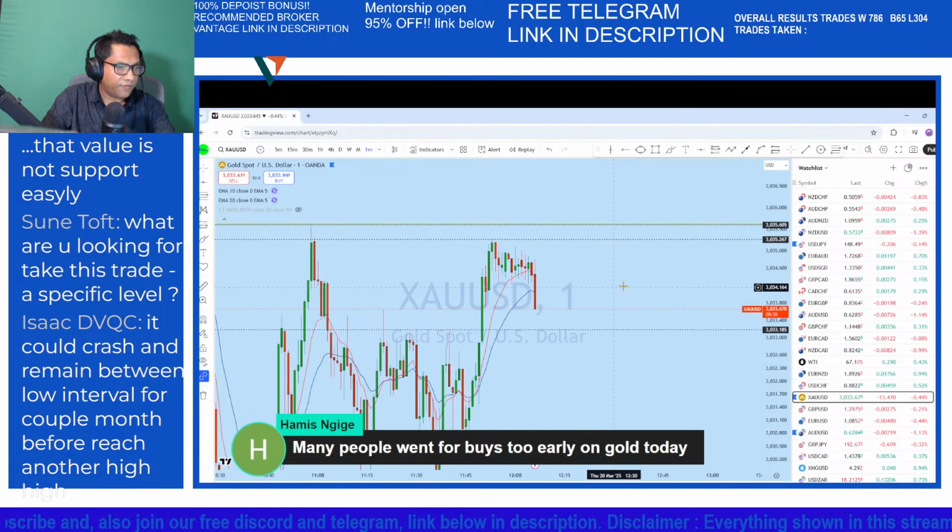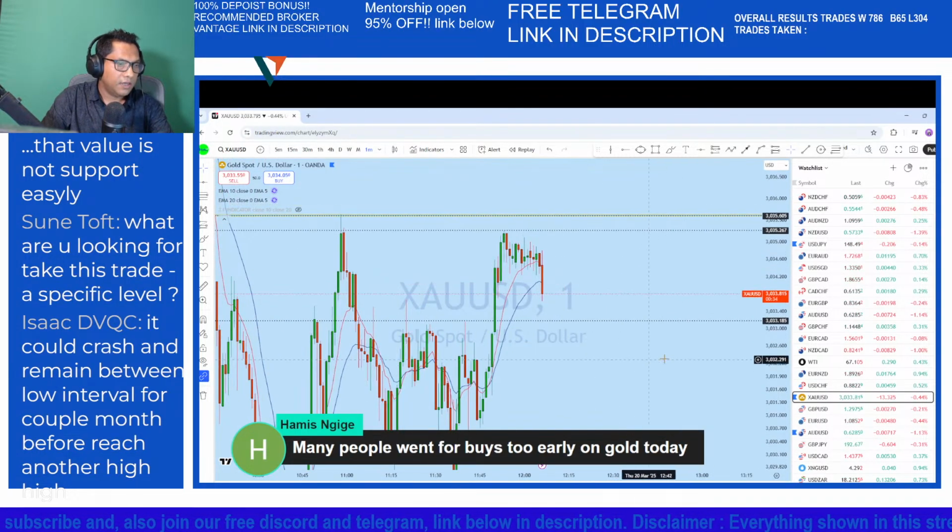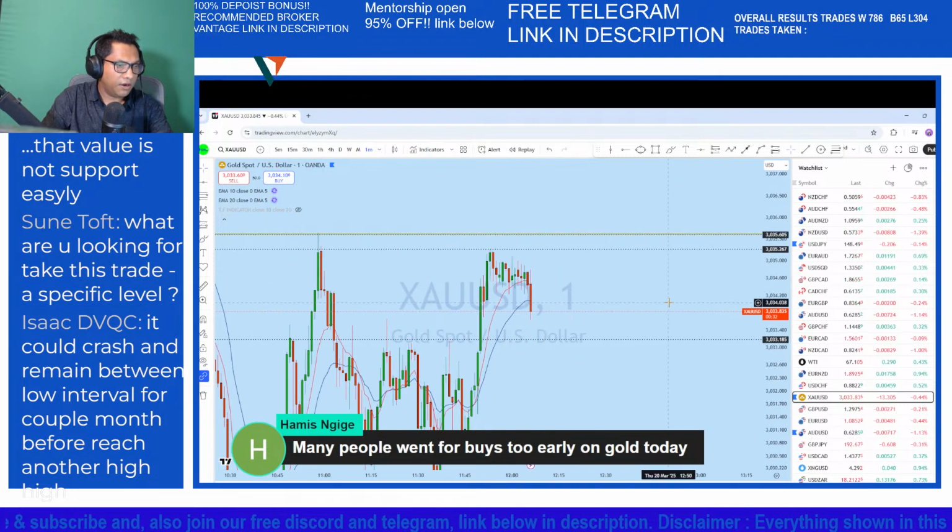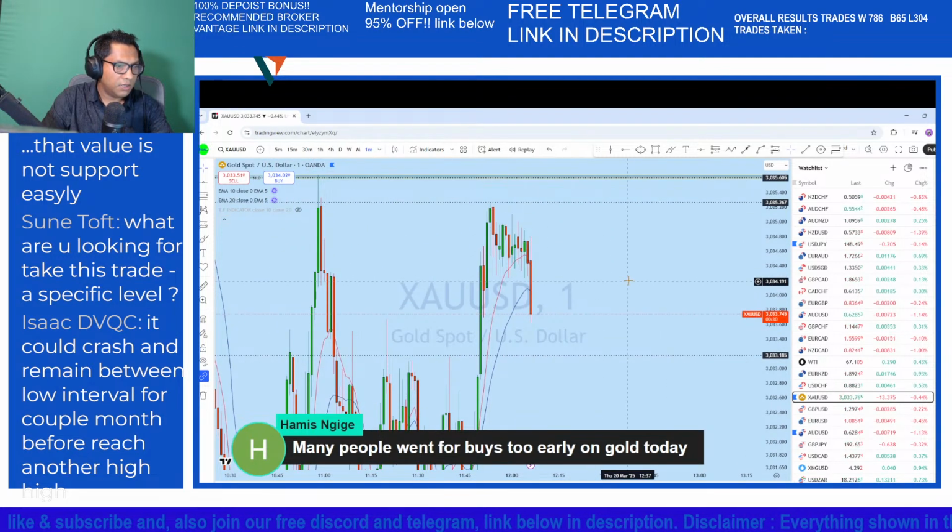Okay, so you can see after liquidity grab, it's breaking below here to the support level.